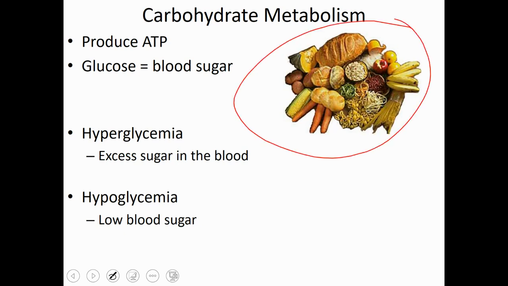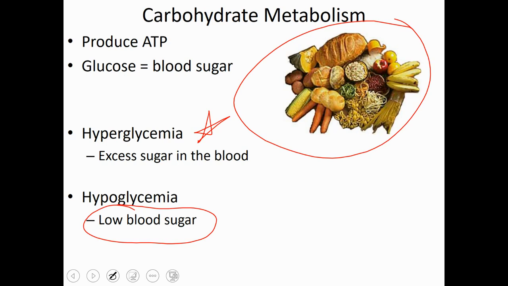If you have way too much sugar in your blood, it's what we call hyperglycemic, or hyperglycemia. You can always think of hyper: you give a kid a lot of sugar, they run around like crazy. So there's a lot of sugar in their blood. Okay. Hypoglycemia means low blood sugar. And we see these two things with people that have issues with insulin or diabetes.